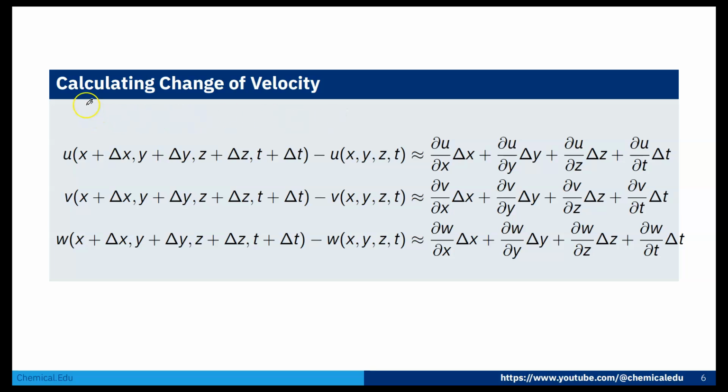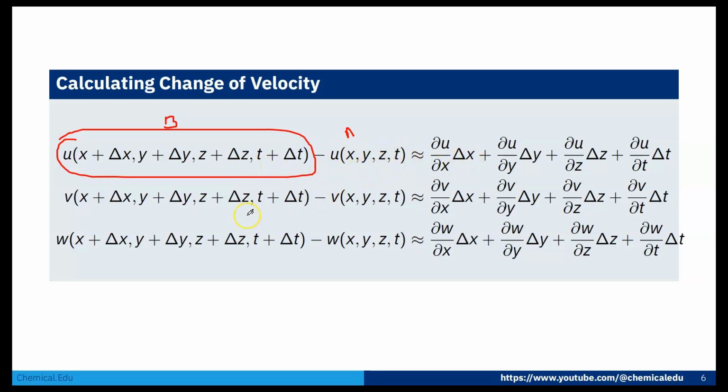Now we already did the Taylor series expansion of this. So u of x plus del x, y plus del y, z plus del z, t plus del t, the new position velocity, minus the old position velocity, that is u of x, y, z, t.